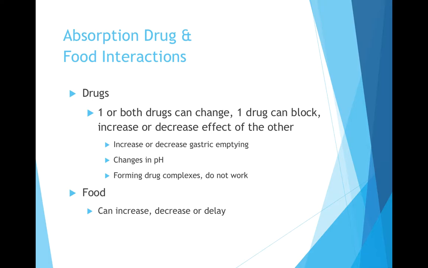The amount of protein binding, of course, can affect this. Also, we know that foods can affect absorption, and because foods obviously can change the pH, they can increase, decrease, or delay absorption.